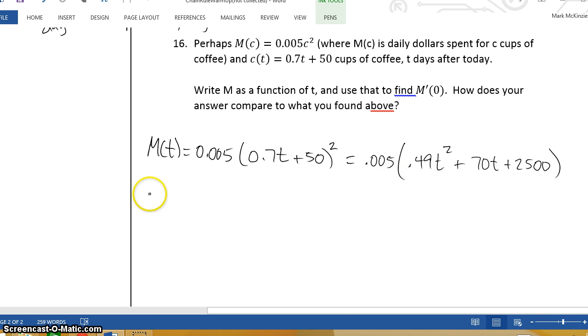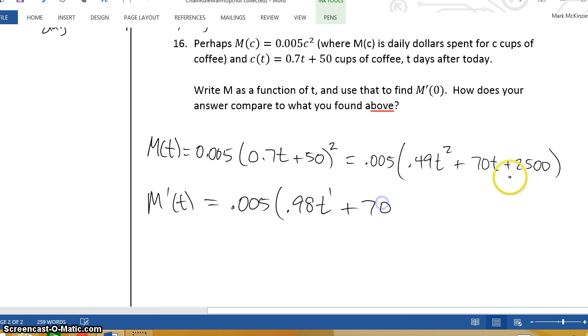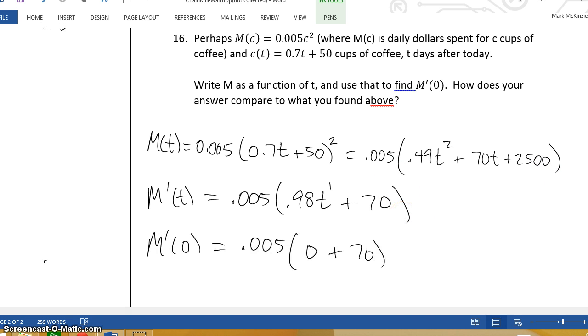I can take the derivative m prime of t. It's equal to that constant, 0.005, times the derivative of the polynomial. So I'm going to have 2 times 0.49, so that's 0.98 times t to the first power, plus the derivative of 70t, which is just 70, plus the derivative of 2500, but that's 0 because 2500 is a constant, so I can ignore that.